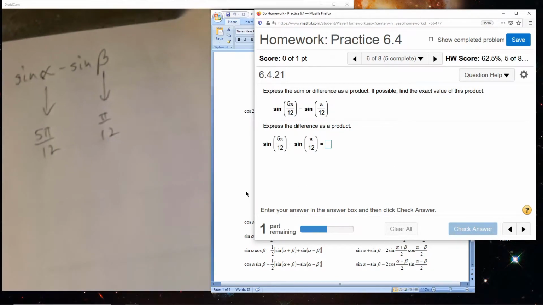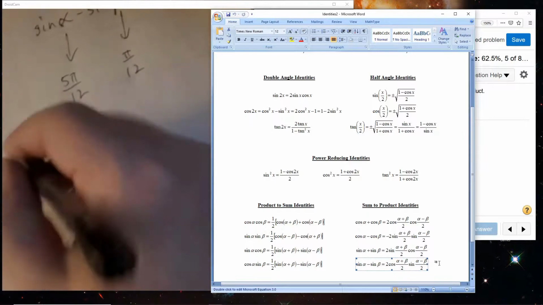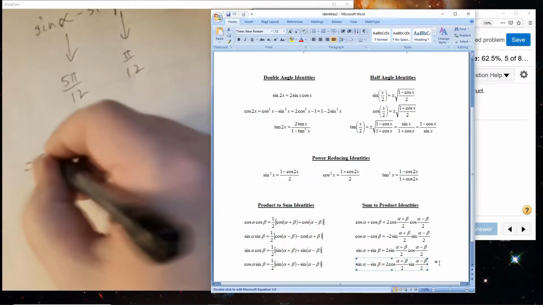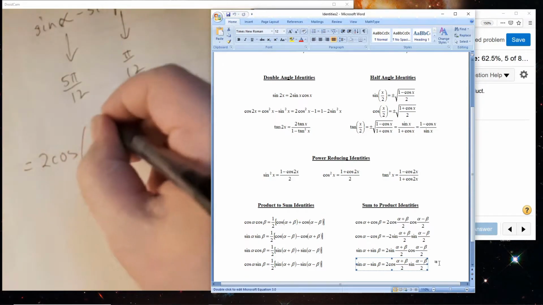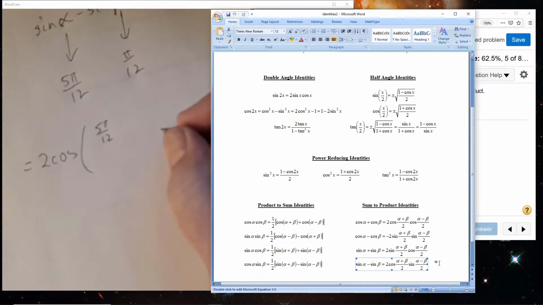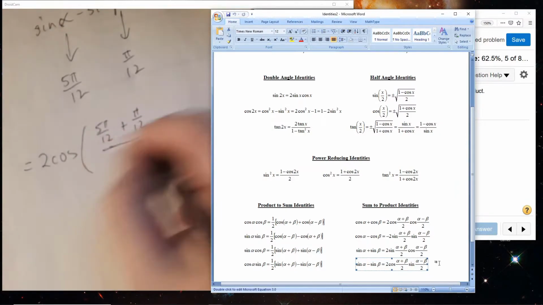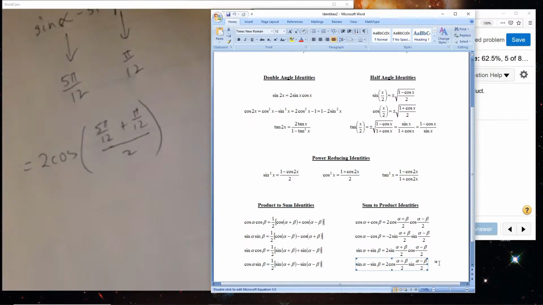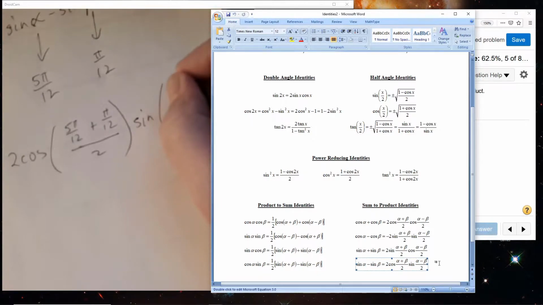We'll look for the identity that is sine minus sine, and that's the fourth one. We have alpha plus beta all divided by 2, and then sine alpha minus beta all divided by 2.